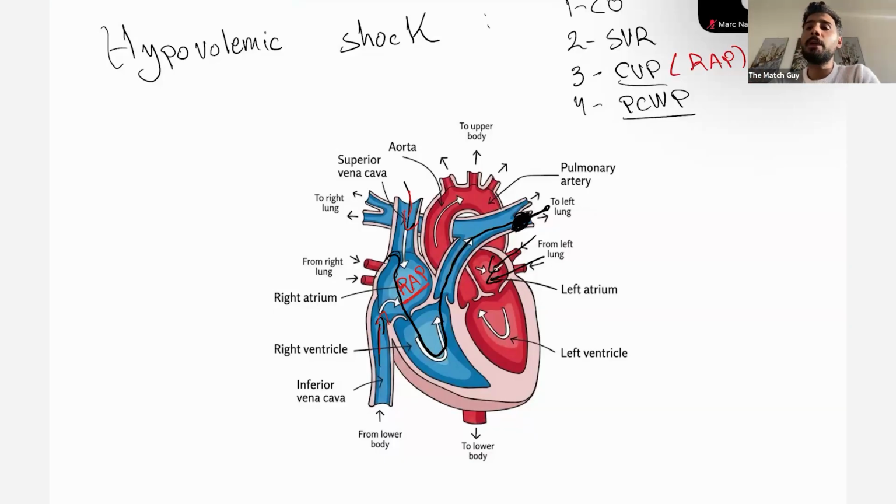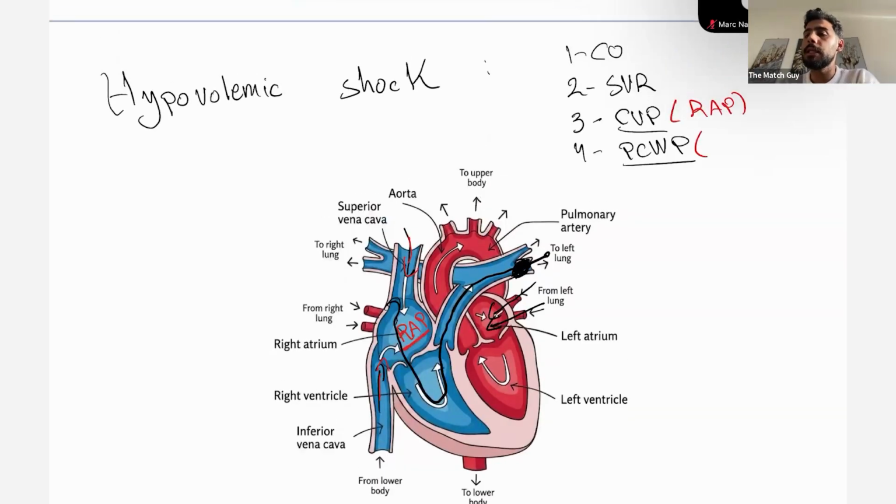So the pulmonary capillary wedge pressure can also be thought of as the left atrial pressure, because the pressure inside of the pulmonary capillaries is transmitted directly to the left atrium, and these two pressures are interchangeable.